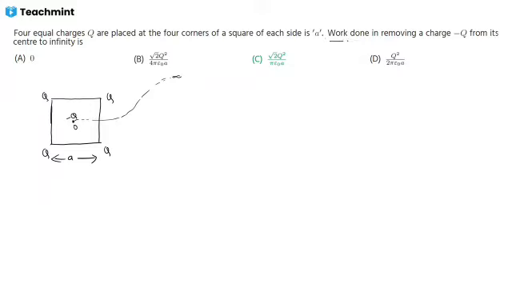They are asking us to calculate the work done in removing this negative charge from the center of the square to infinity.